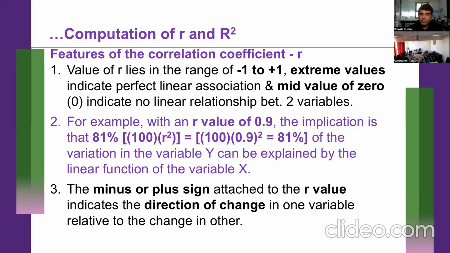The minus or plus sign attached to the R value indicates the direction of change in one variable relative to the change in the other. It is just the direction of change, whether you have positive or negative correlation. It has nothing to do with the absolute values.